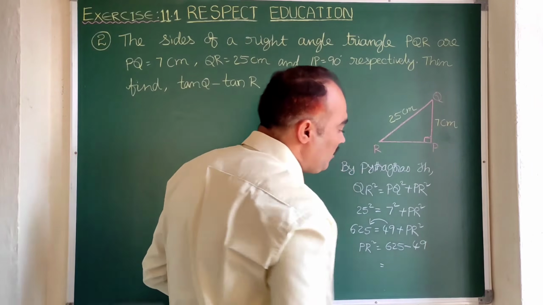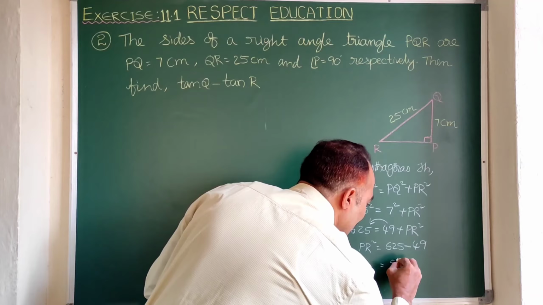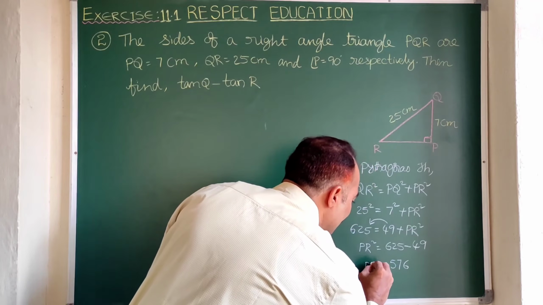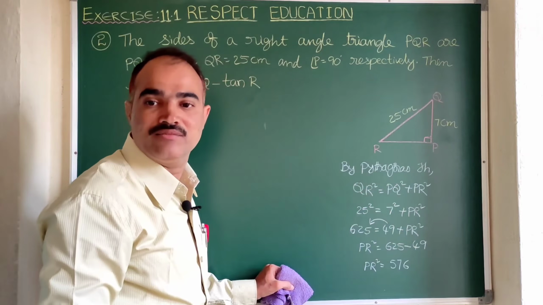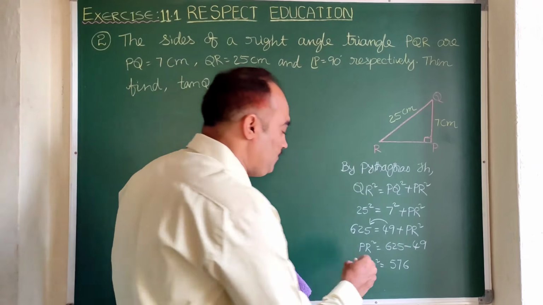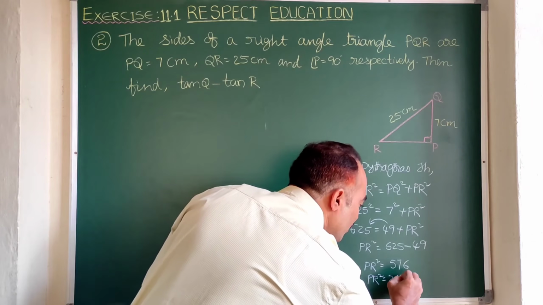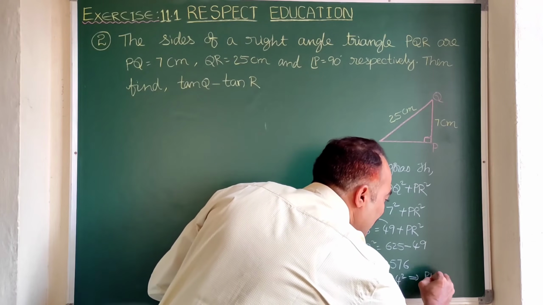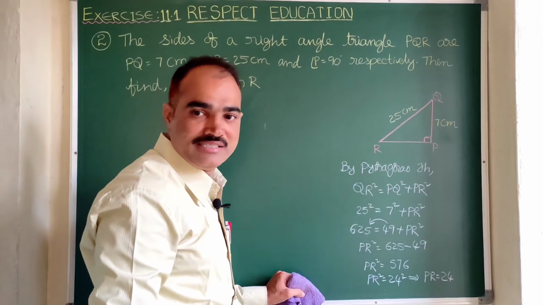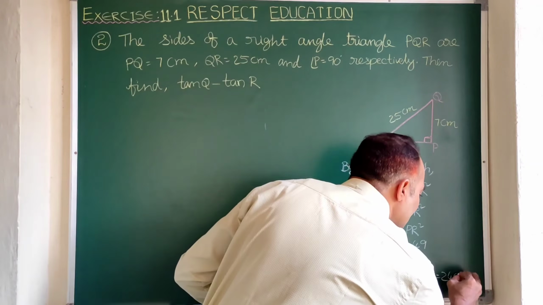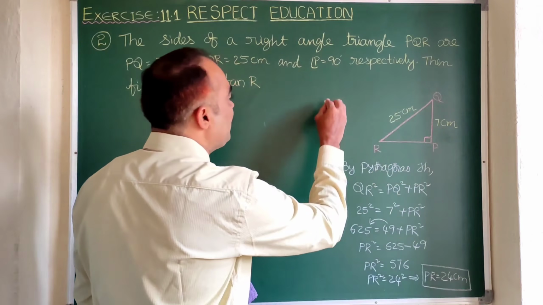Can anyone say how much this is? 576. 576 is whose number's square? 24. Yes, 24 square. So PR square is 24 square, and we got PR equal to 24. Meters or centimeters? Centimeters. So PR is equal to 24 centimeter.